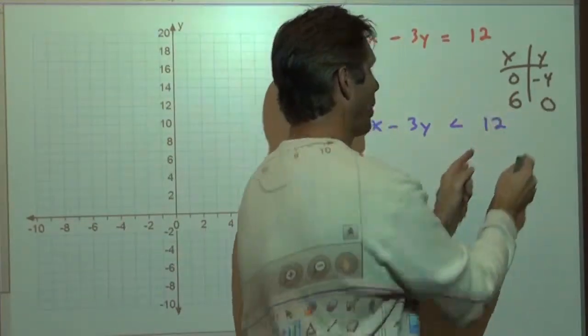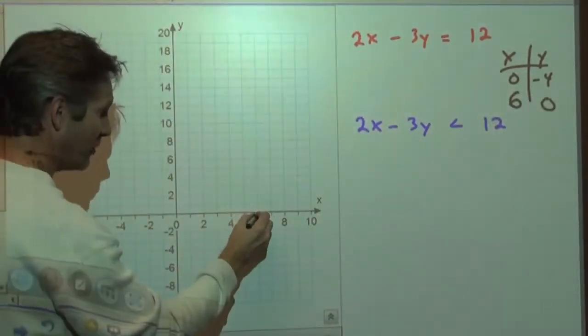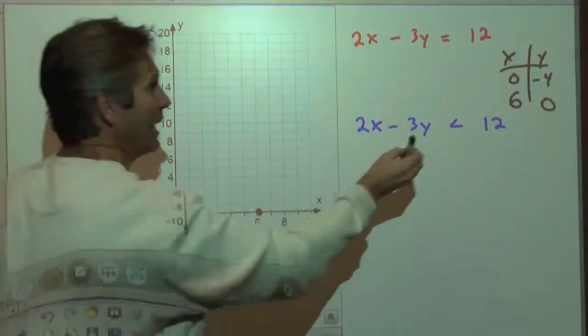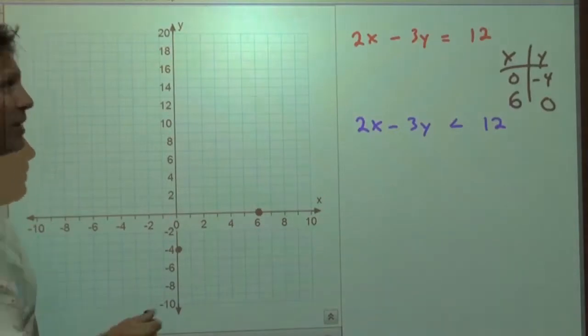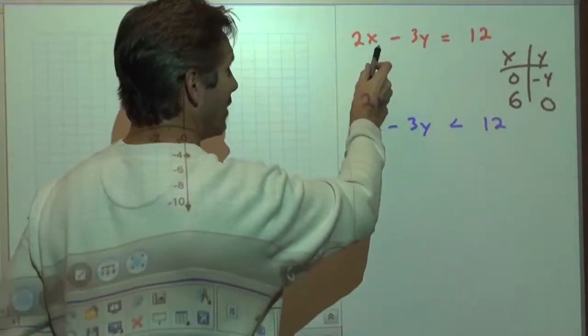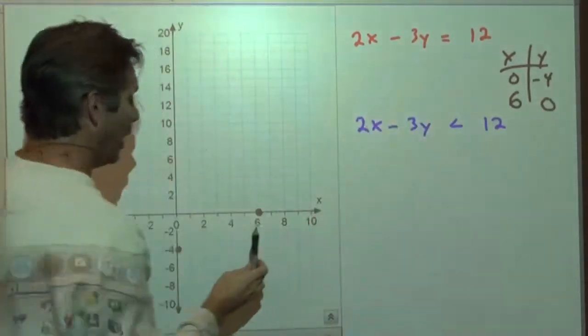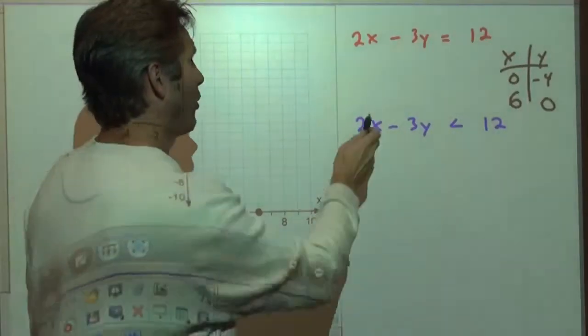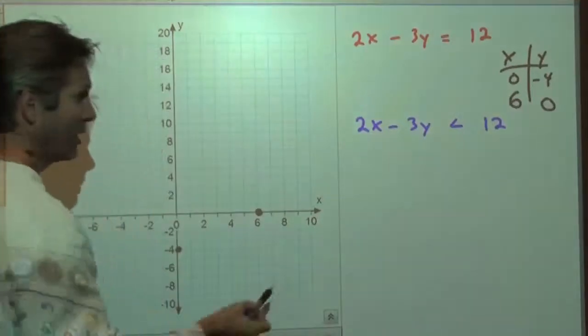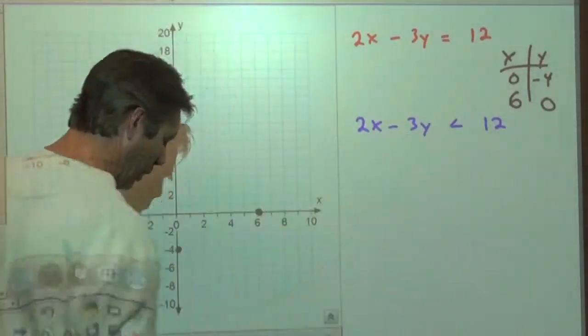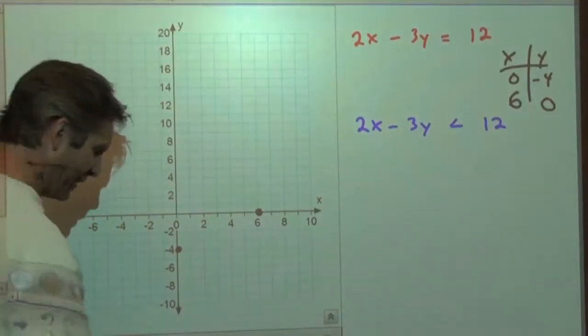So this is an ordered pair combination: when you have 6 for x and 0 for y, and when you have 0 for x and -4 for y, then this line contains all the ordered pairs for which 2x minus 3y is equal to 12.